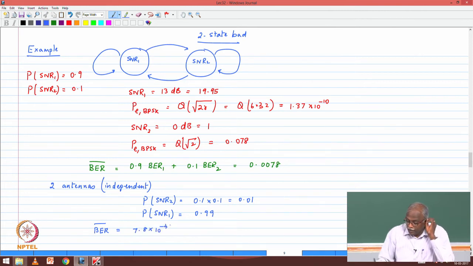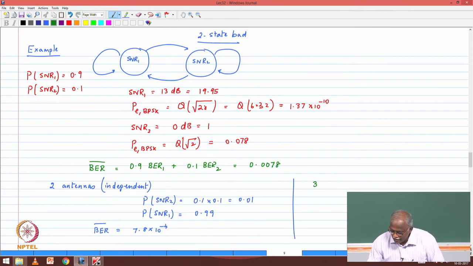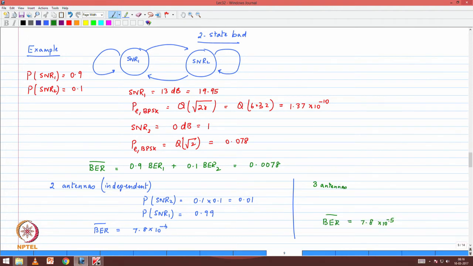Just as an interesting exercise, try 3 antennas and you will find that it's even better. The average bit error rate goes to 7.8 times 10 power minus 5. So you're starting to see the benefits of antenna selection diversity.